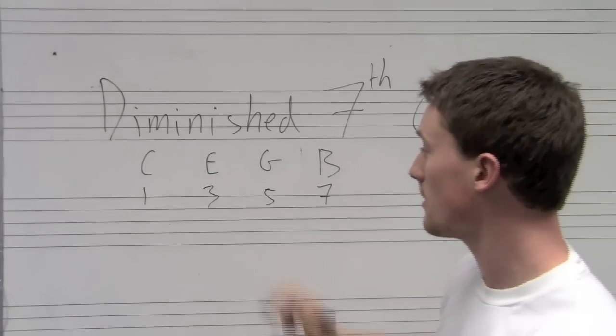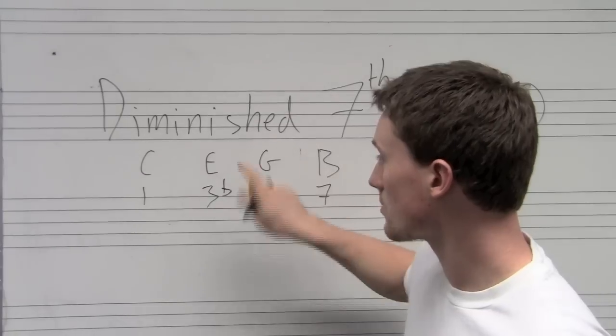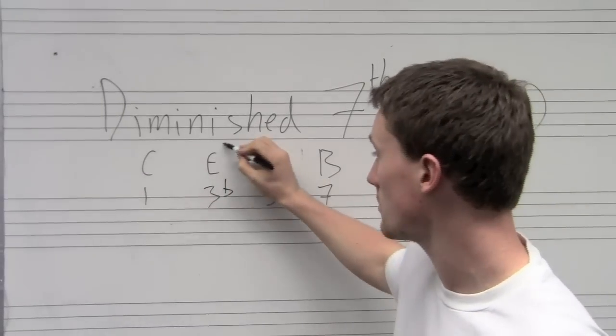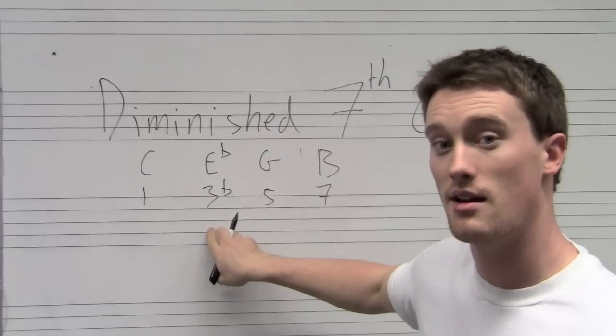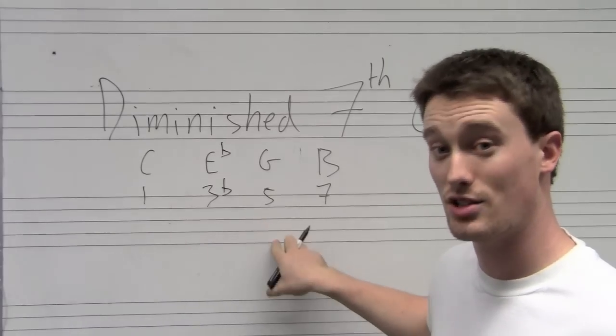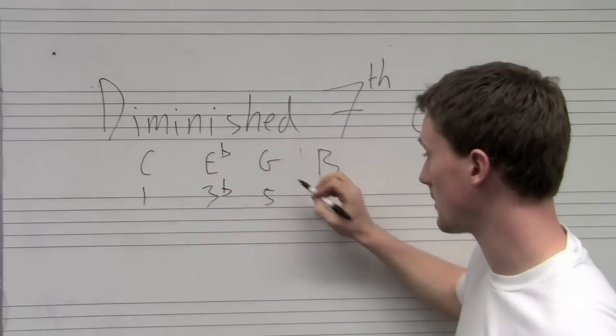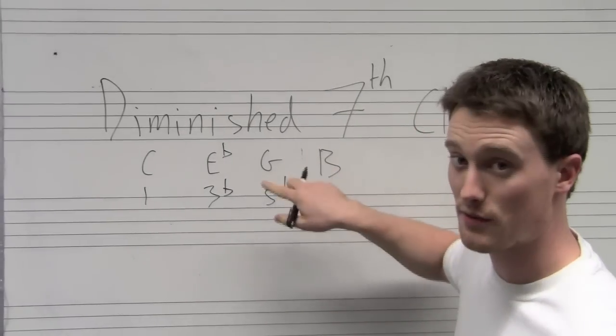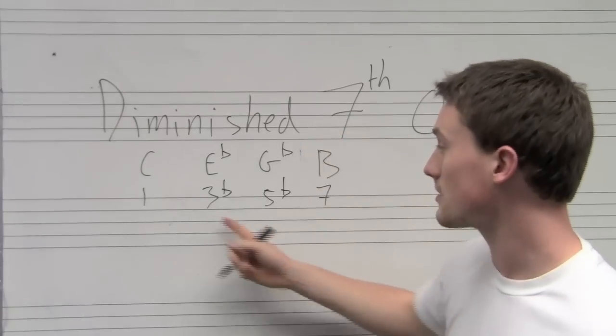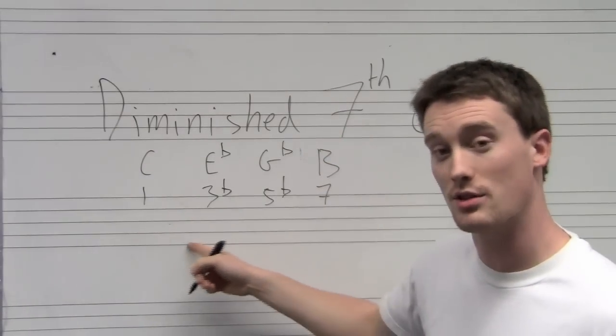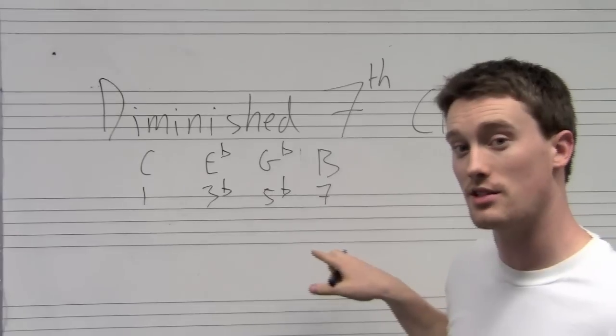If I flatten the 3rd, so E goes down a fret or down a semitone, E flat, that's a minor major 7th chord, because it still has a major 7th. If I flatten the 5th from here, so G goes down a fret or a semitone to G flat, then it's going to be a diminished C, or C diminished, with an added major 7th, okay?